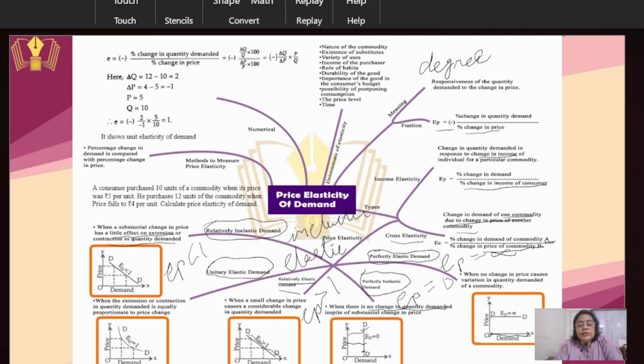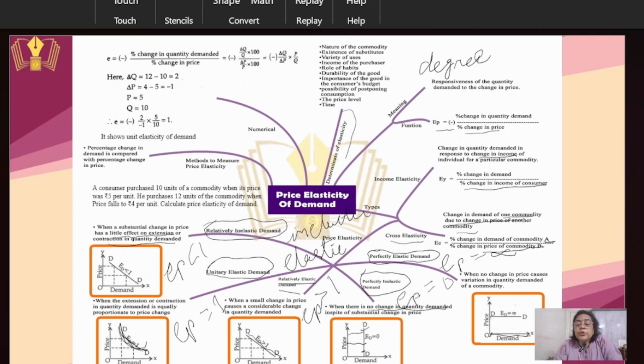It means there is a proportionate change. That is why it is called unitary elastic demand, and we can write it as EP equals 1. And remember, the shape of the curve is always a rectangular hyperbola. So these are the degrees of elasticity of demand.